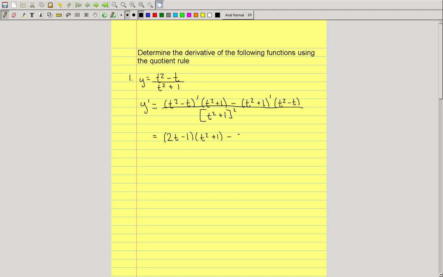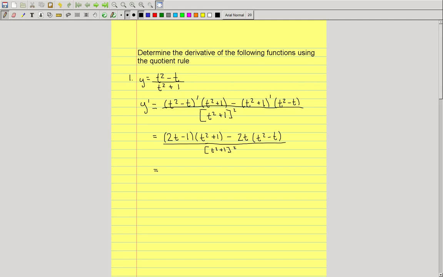The derivative of our function here is just 2t, and then times t squared minus t. Okay? Now, looking at what we have, remembering, of course, to write our denominator, we want to see if there's a way to simplify the numerator.